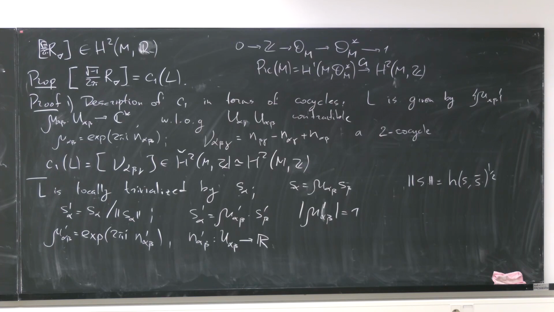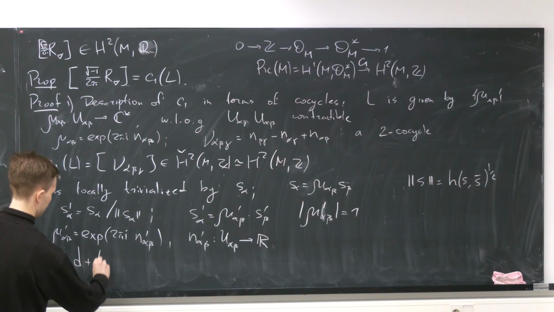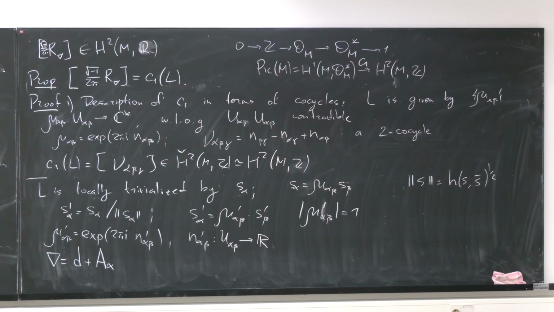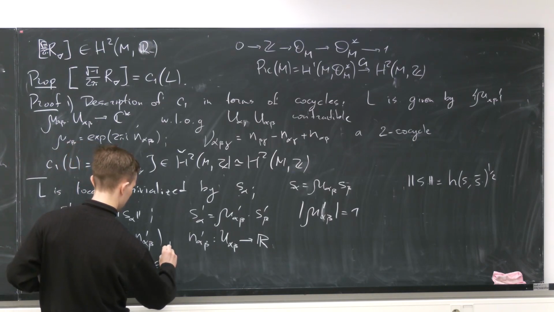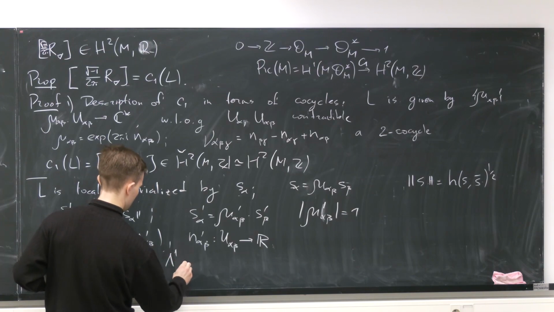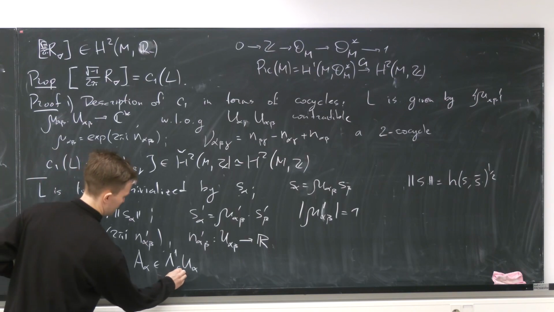Okay, so on the other hand, what do we know about our connection in the new trivialization? So our connection is given by some one form A alpha. A alpha is just a complex valued one form.